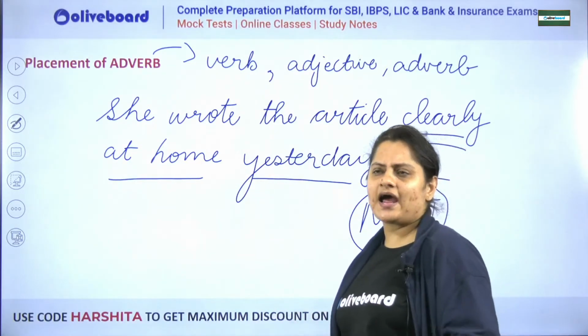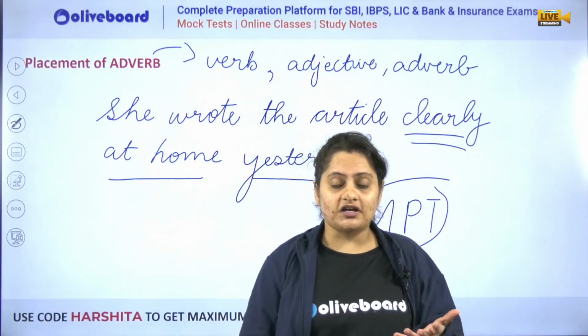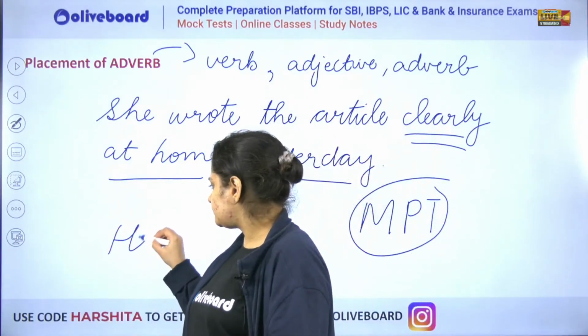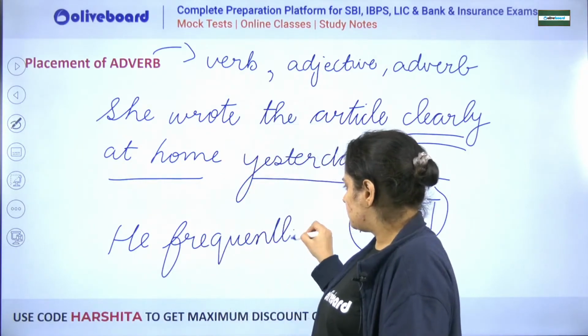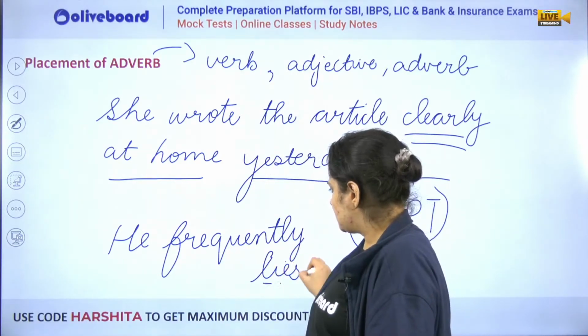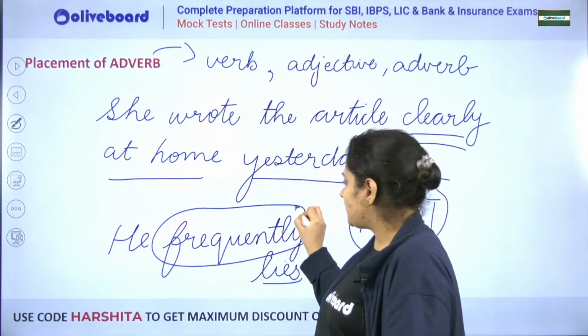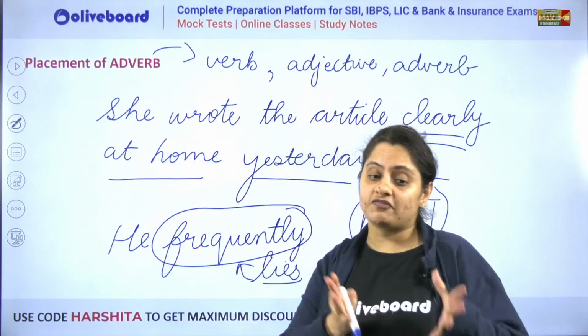Similarly adverb of frequency, if you use it, is usually placed before the verb. For example, he frequently lies. This is frequency, how many times the action happens. It is before the verb. So adverb of frequency you put before the verb.